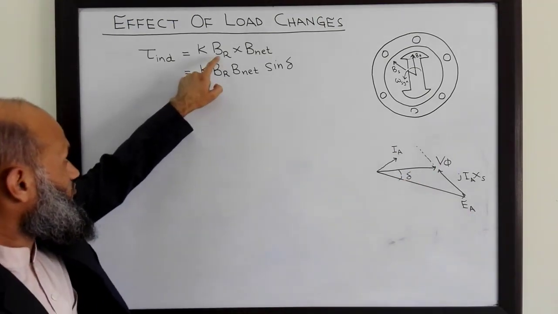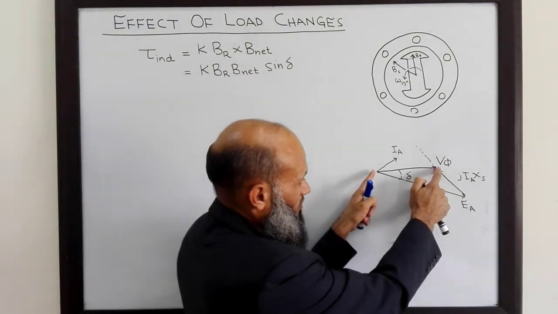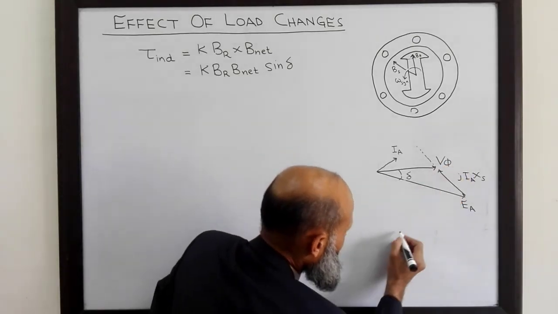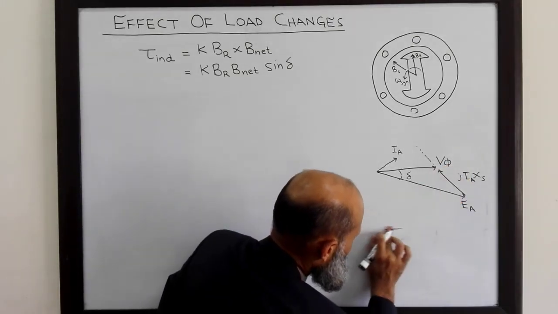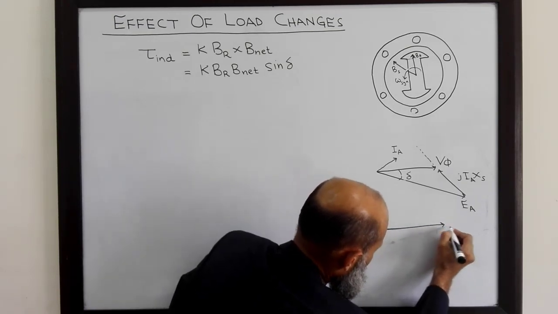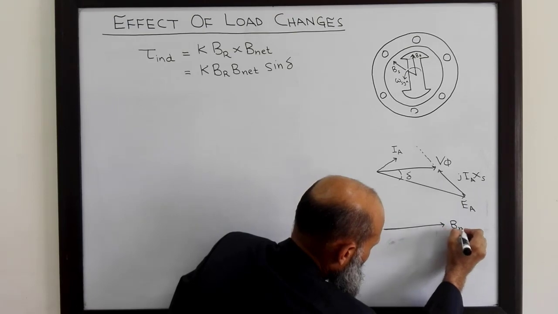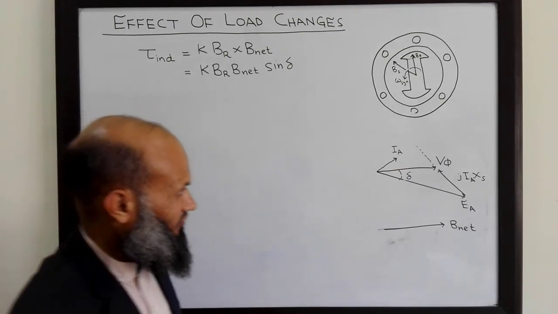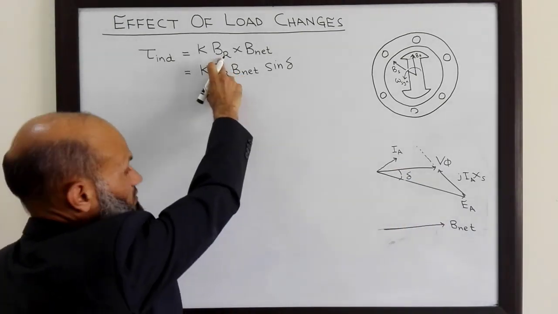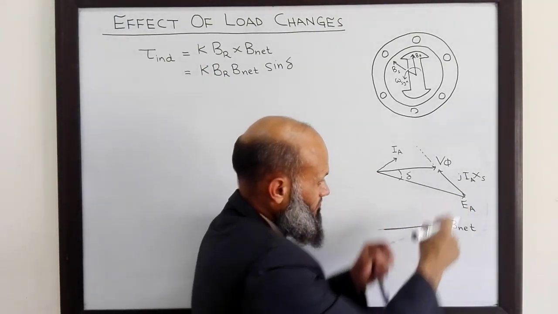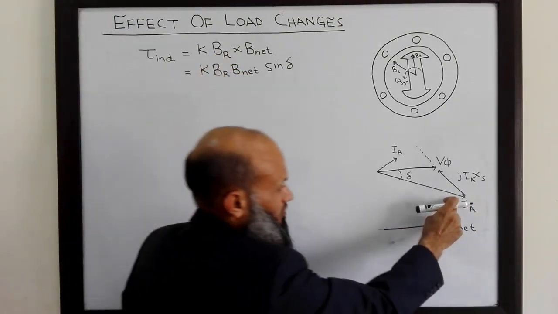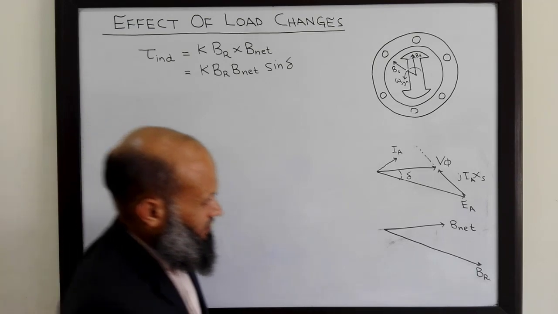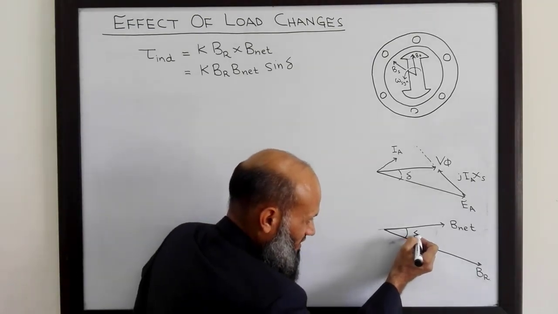Since B net is responsible for production of V phase, the phasor for B net is in phase with the phasor for V phase, and Br is responsible for generation of EA. Therefore, this phasor is parallel to the phasor for EA. The angle between the two is delta.